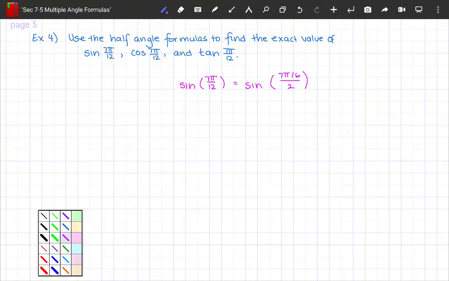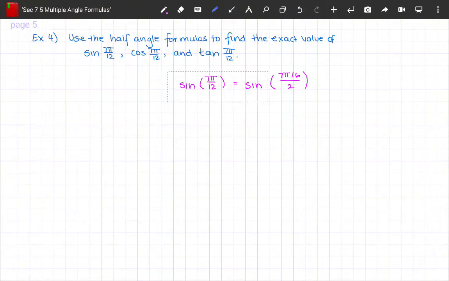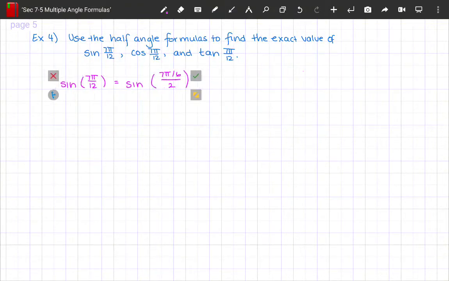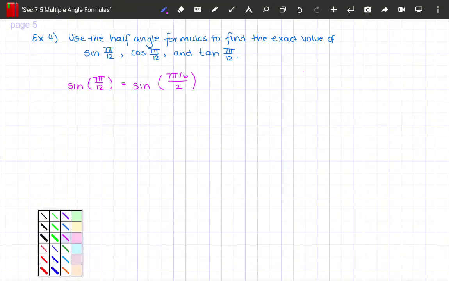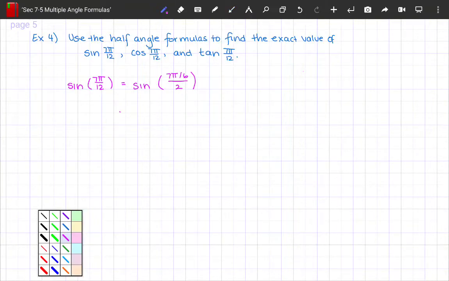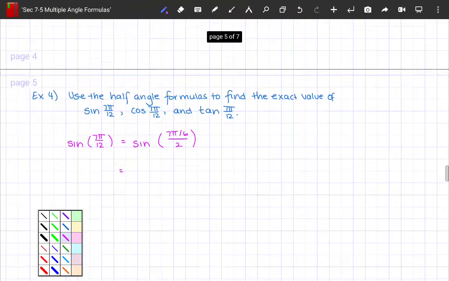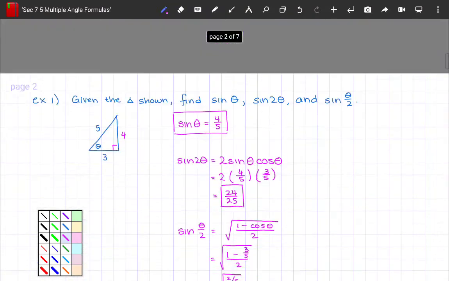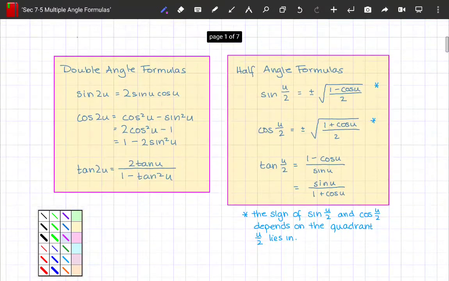Let me get rid of this because I'm going to use that space. So take a look. Sine, we've now rewritten the problem as the sine of u over 2. And then when you go to the formula, the sine of u over 2 is, well, actually this is going to be one that I do want to remind us of because these are the caveat ones.